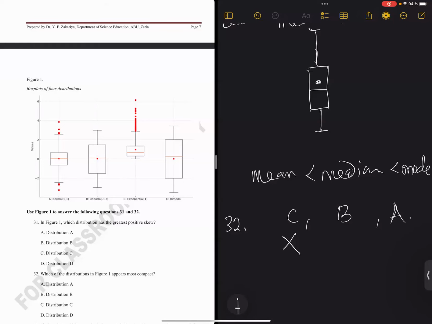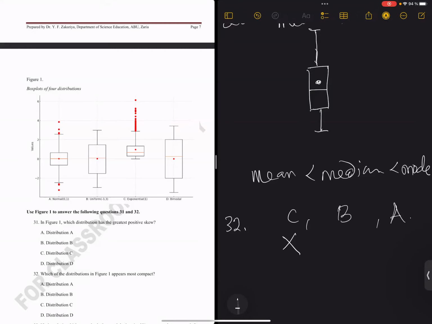The answer would have been C initially, which has a box a bit smaller than A. However, all the outliers are only in one direction. It is skewed.